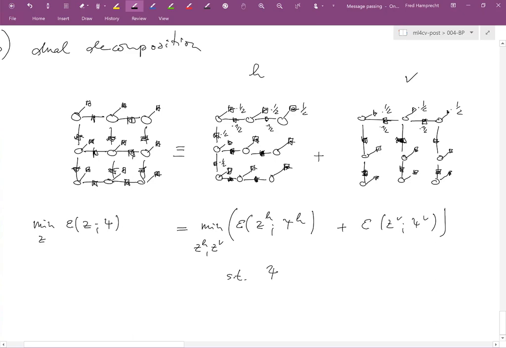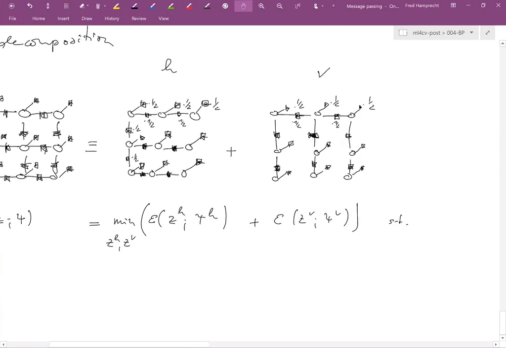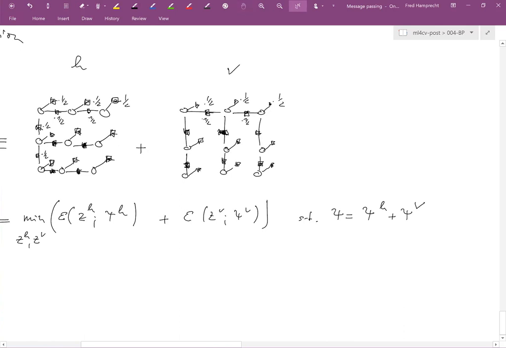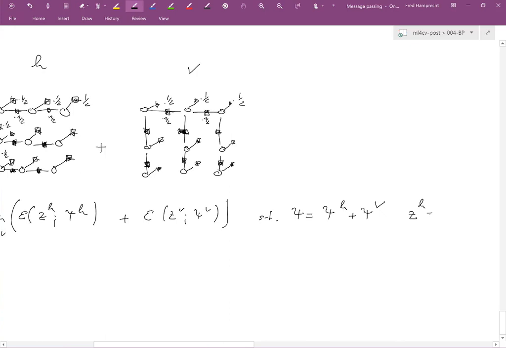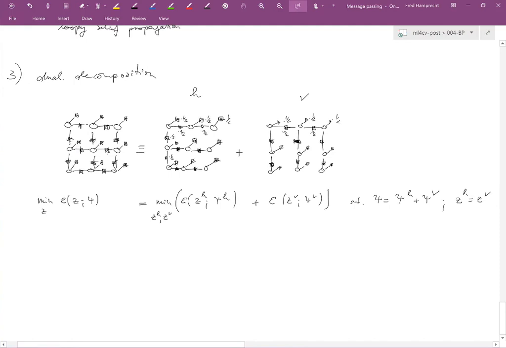One is that my original potentials decompose, so psi equals psi h plus psi v, and moreover the solution zh that I find must be identical to the solution zv. So far these problems are perfectly equivalent.